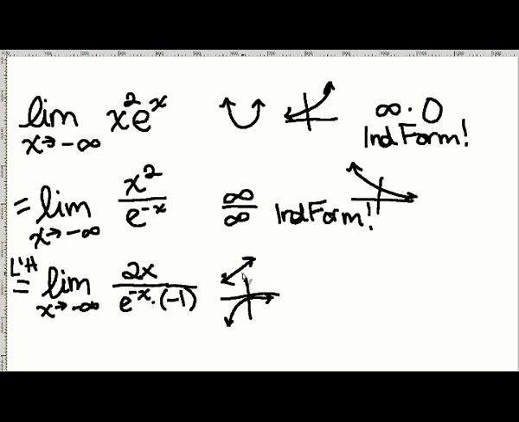As x goes to minus infinity, 2x goes to minus infinity, and minus e to the minus x goes to minus infinity. This is still an infinity over infinity indeterminate form.